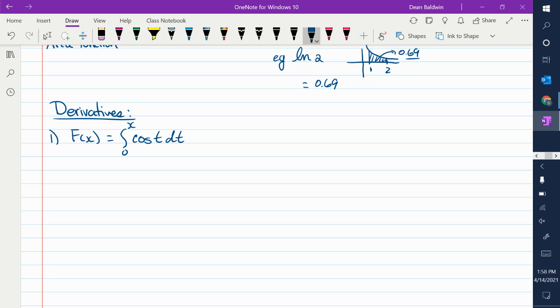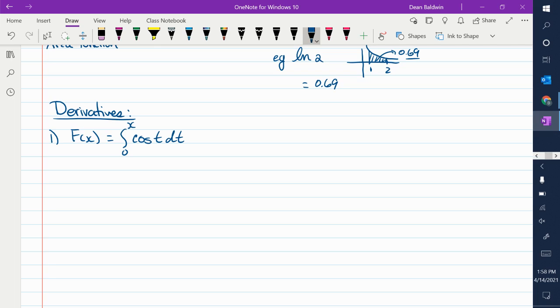I'm gonna do it the long way, and then I'll show you the shortcut. So we have our function f of x, which is the area under the curve of the cosine function from 0 to x. So if I just asked you to integrate the cosine function, what would you get? What's the antiderivative of the cosine function?